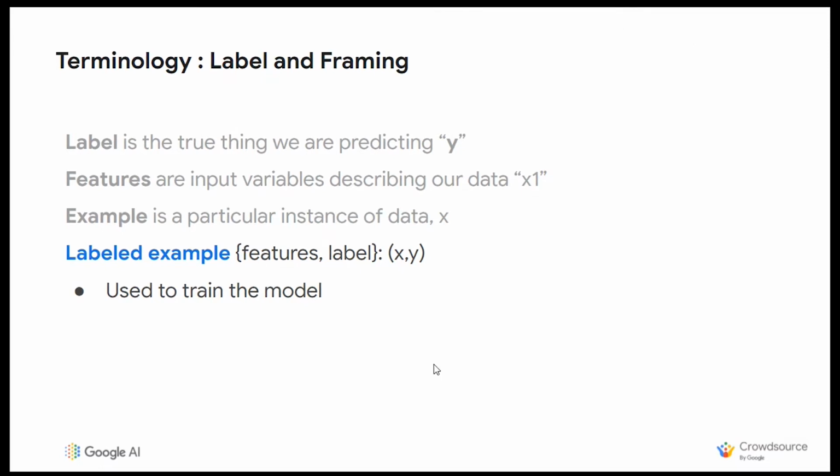So hope the terminology so far is clear. So label is the value that we're predicting. Features basically are the input to a machine learning model, which have properties or patterns that the machine learning model must understand and learn to predict its final answer. Now, example is a particular data instance. So you can think of it as a combination of all the features at one particular moment.